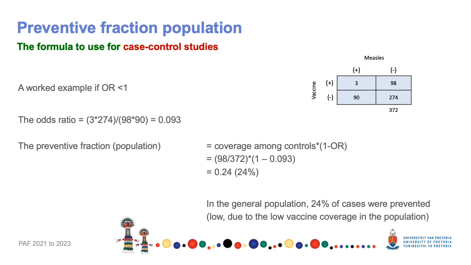And the answer comes to 0.24 or 24%. This means that in the general population, about 24% of cases were prevented by this vaccination. It's low, but that is due to the fact that there is low vaccine coverage in this particular population.